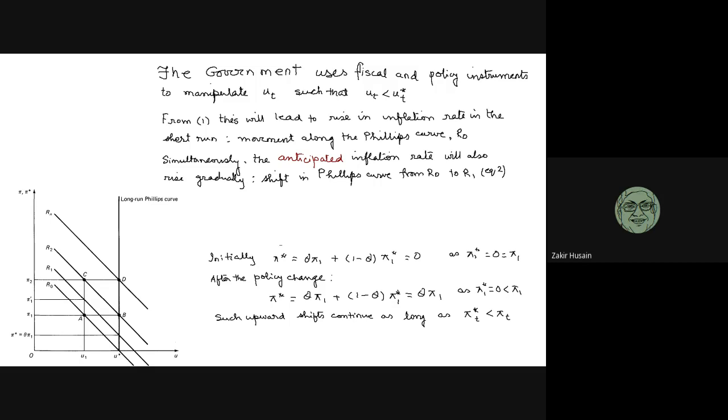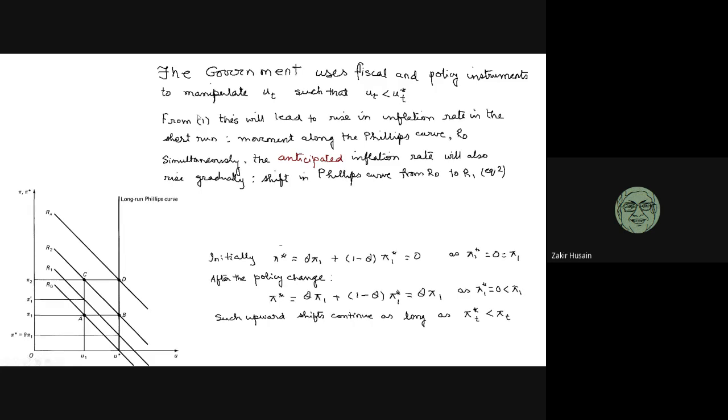Okay. So now we assume that the government uses different types of instruments, fiscal, monetary, whatever, and it tries to manipulate, control the unemployment rate because of political considerations. And the objective of the government is to reduce unemployment below the natural rate, U star.